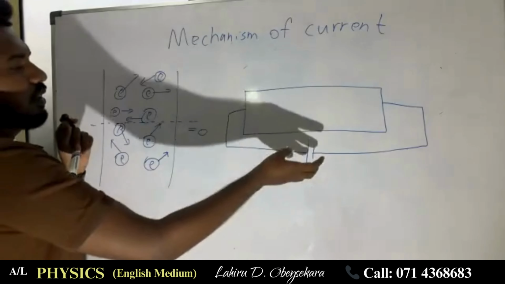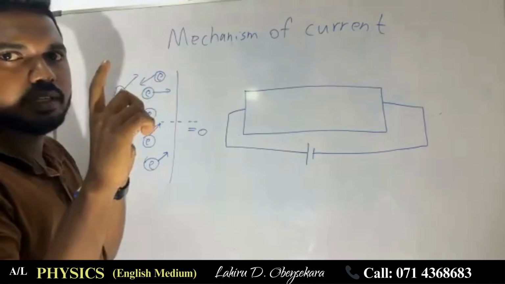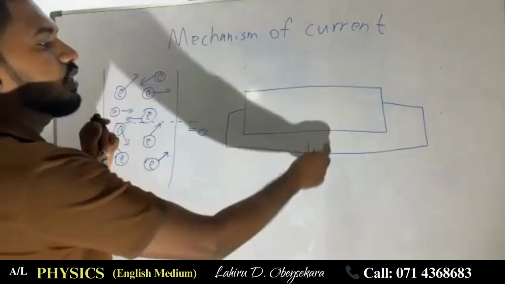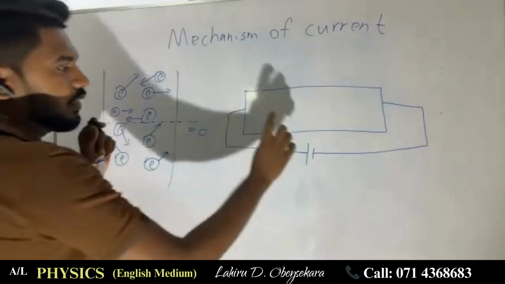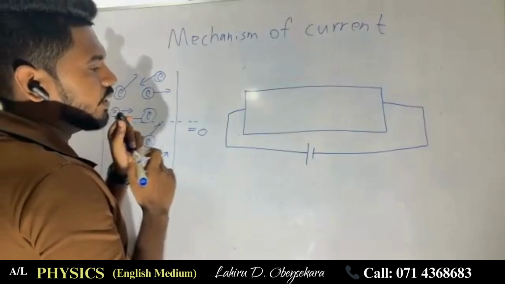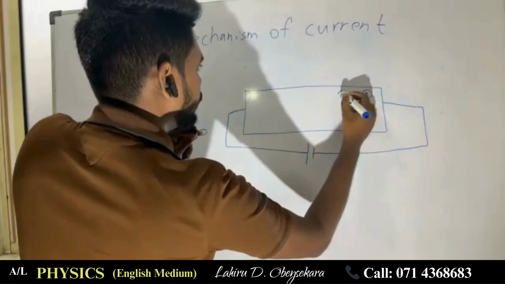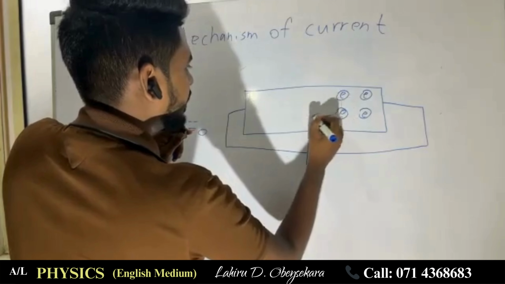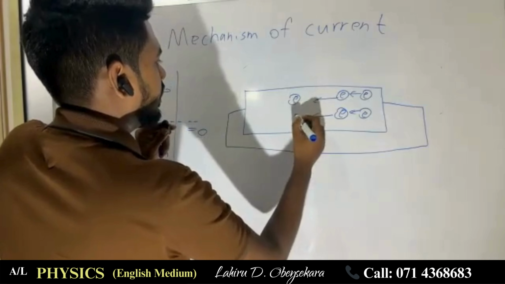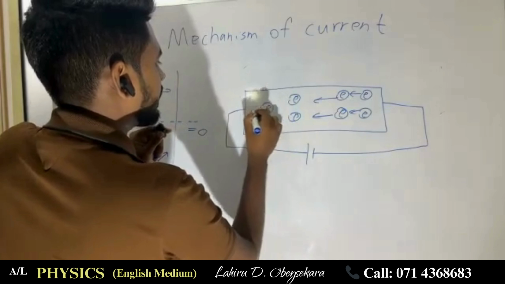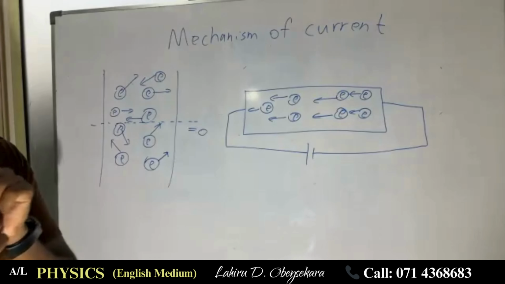In your further lessons, when you learn about electric fields, you will know that if we apply a battery, it can generate an electric field. Due to this electric field, electrons tend to move in a unique direction, like a parrot. If we apply this electric field, these electrons move in the same direction.